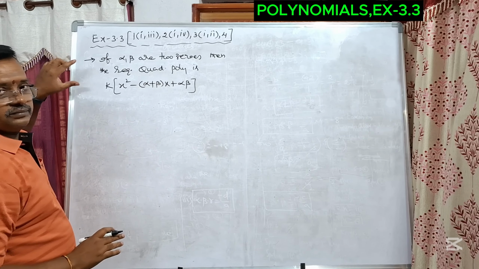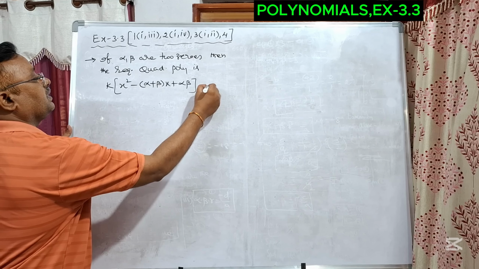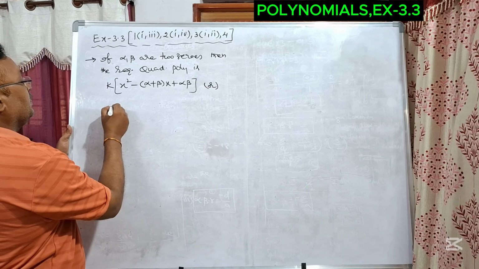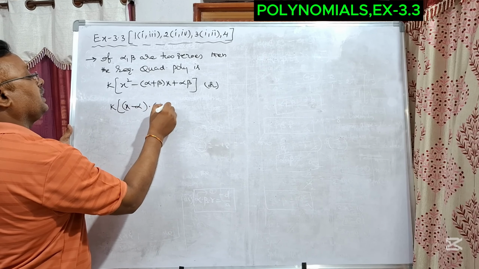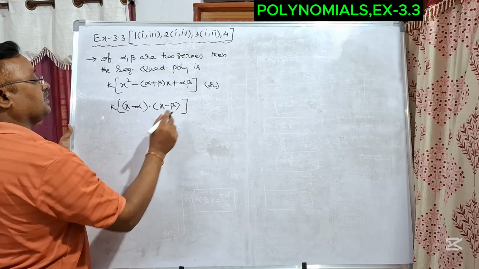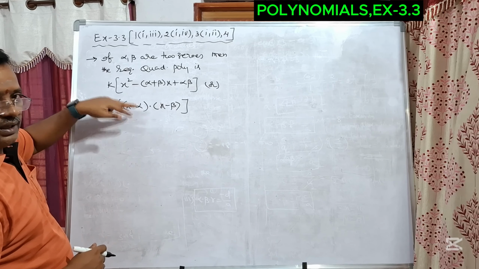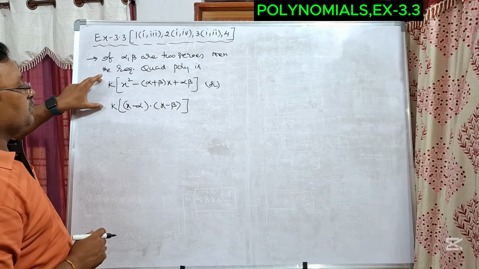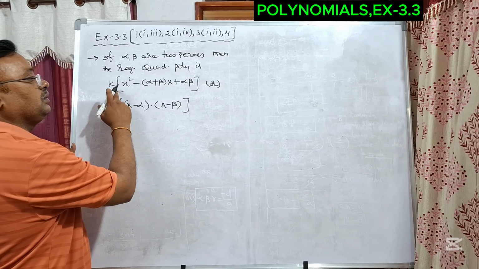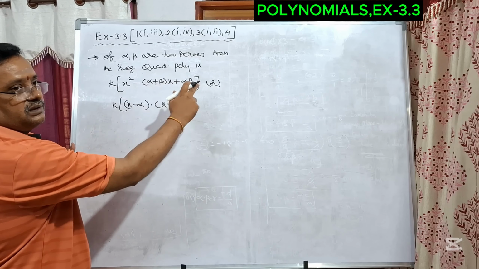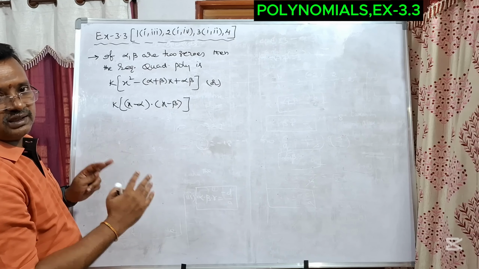This is one of the formulas. Another model is k times (x minus alpha) into (x minus beta), the second model. Both represent the same thing, but in two models you should remember, but I suggest the students do any problem in this model only. This is the beneficial formula to do the calculations easily, right?